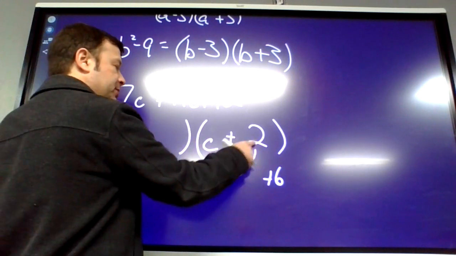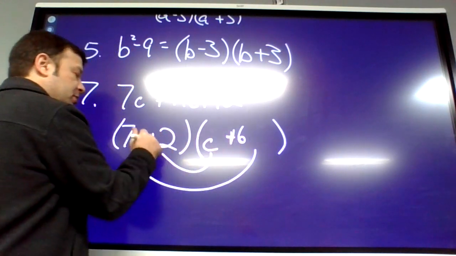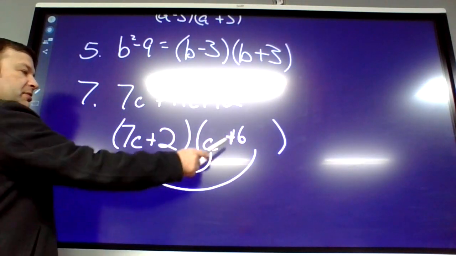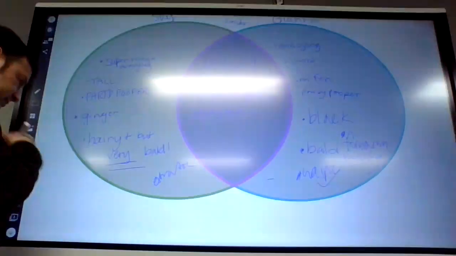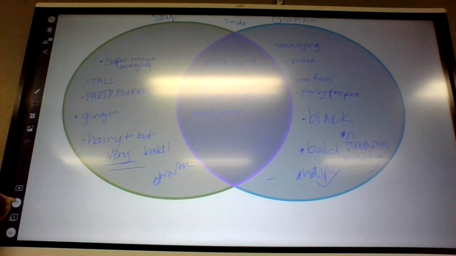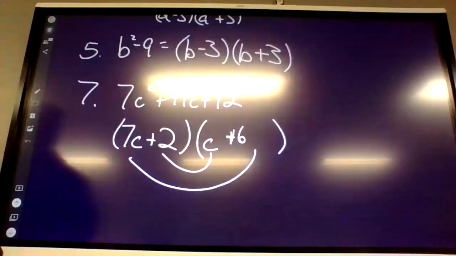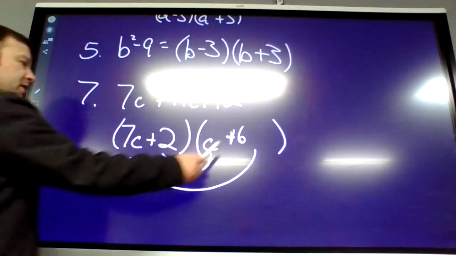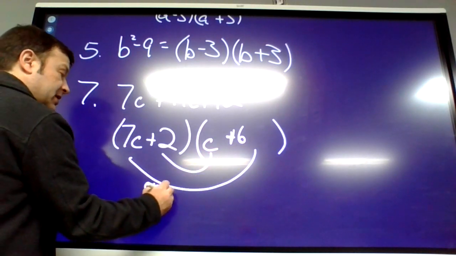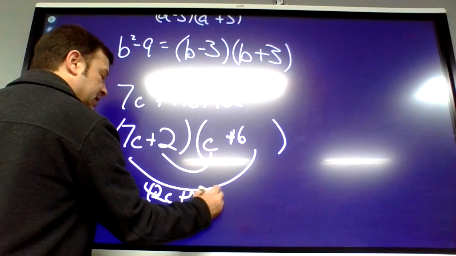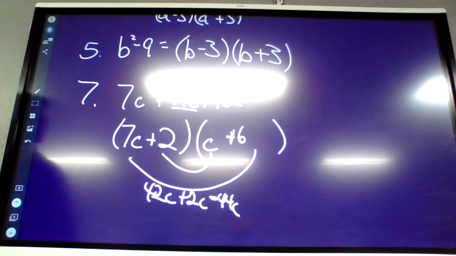So if 6 and 2 doesn't work, maybe 2 and 6 works. Now the outside is 42c, and the inside is 2c, and that does add up to 44c. So this one is correct.